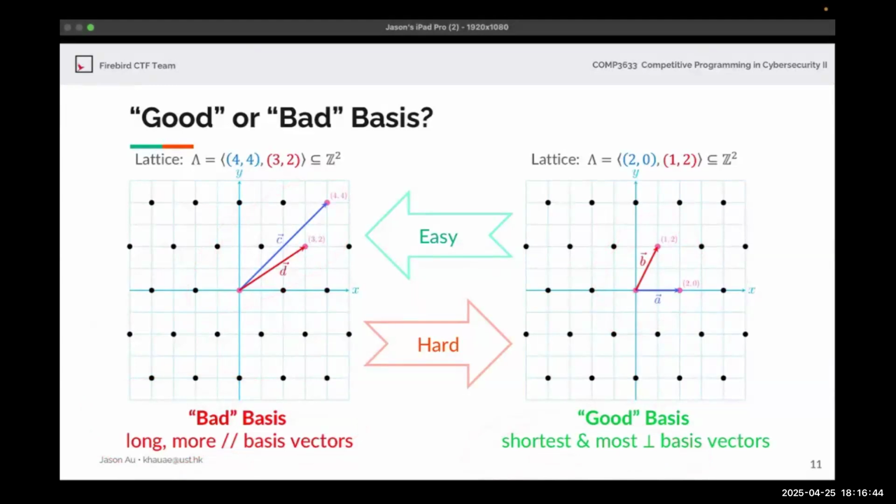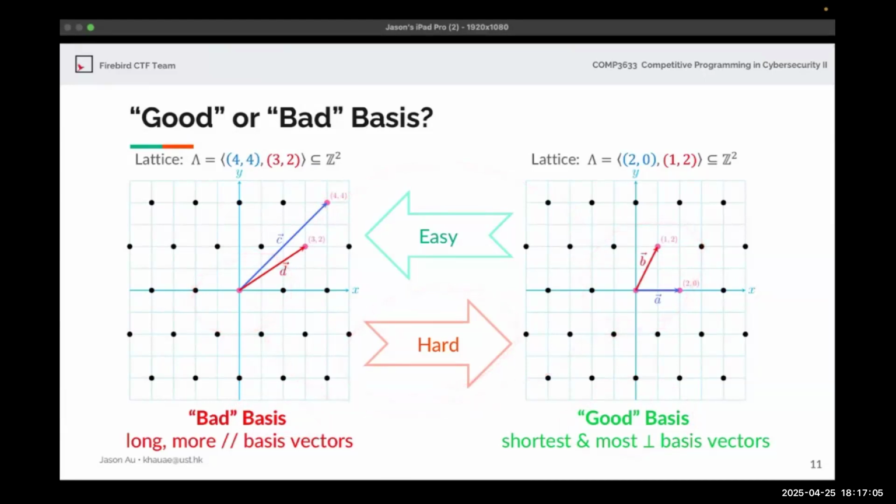From this simpler, good basis, it's actually easier for us to generate the bad basis. So from good to bad, the process would be easy. But if we have a bad basis and we want to convert it into a good basis, this process would be hard.